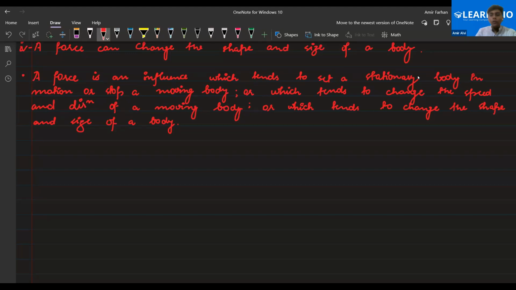Or which tends to change the shape and size of the body. Clear?